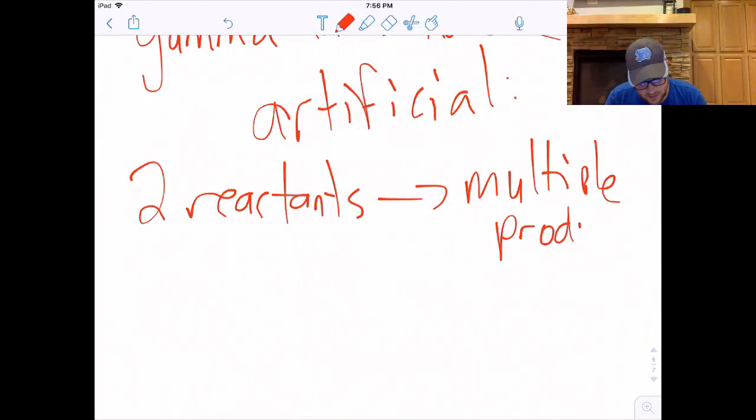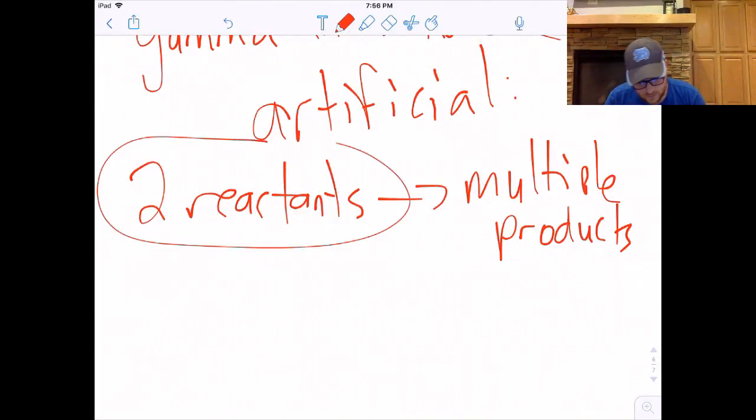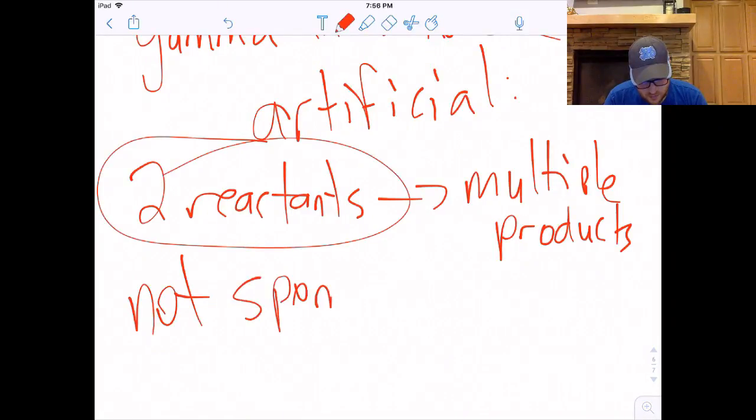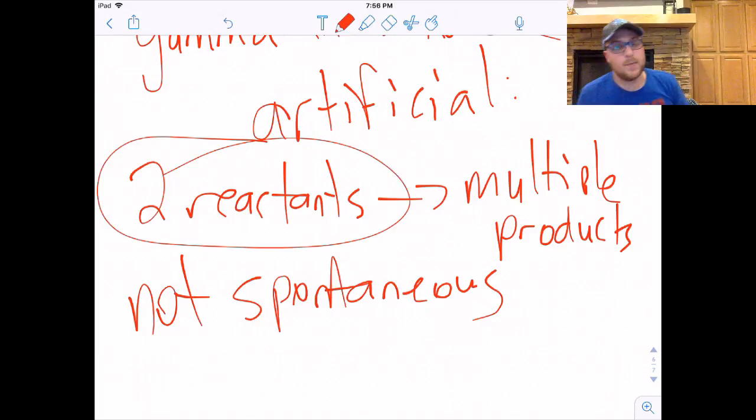So if you see two things on the left-hand side of the arrow, it's artificial, which means it's not spontaneous, because we are influencing this. We are causing this to happen. It doesn't happen naturally. We're doing it in some way, shape, or form. So it's not spontaneous. It's still unstable.